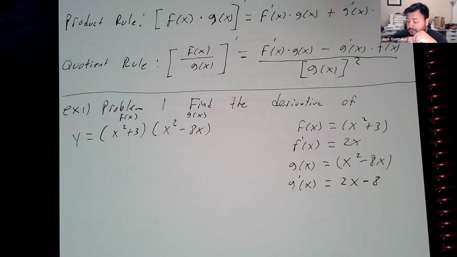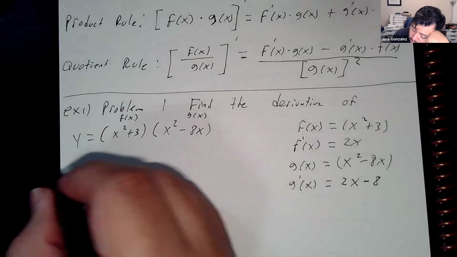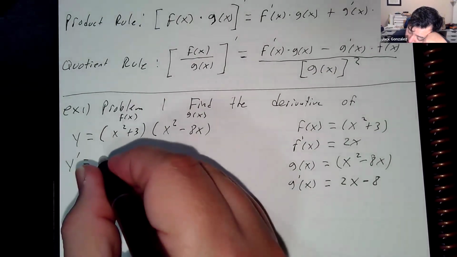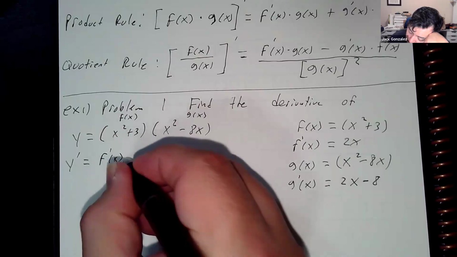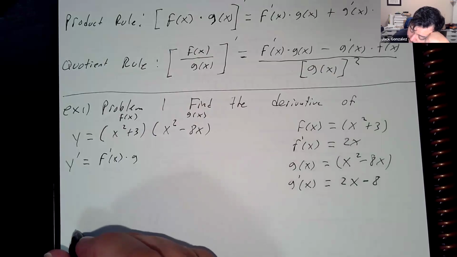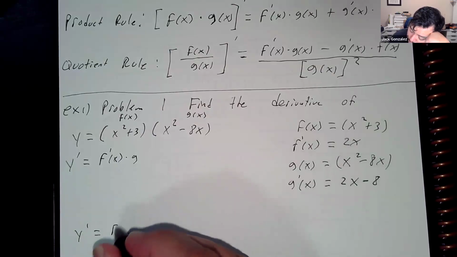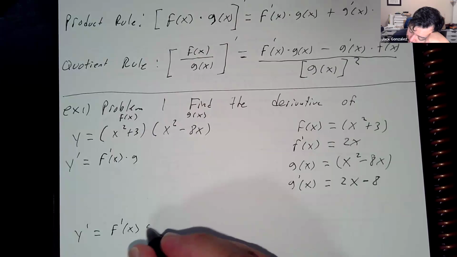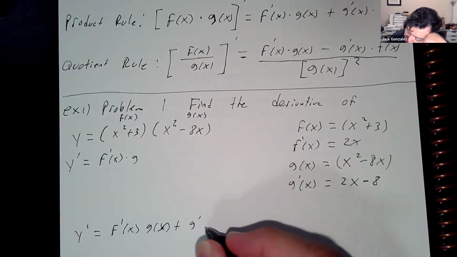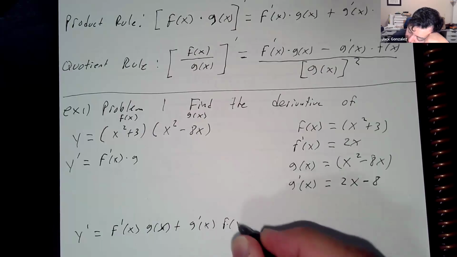All right. So the derivative we said is f prime g plus g prime f.